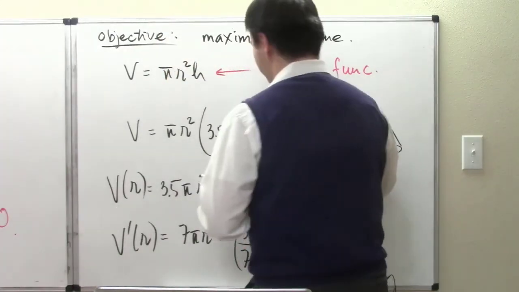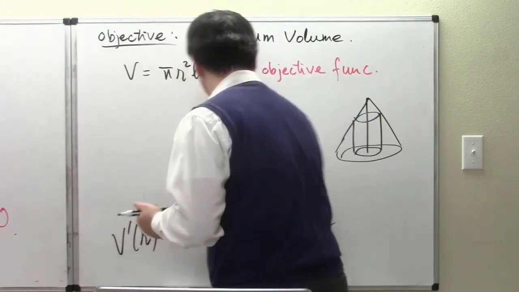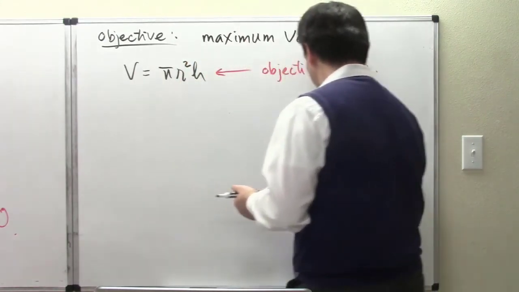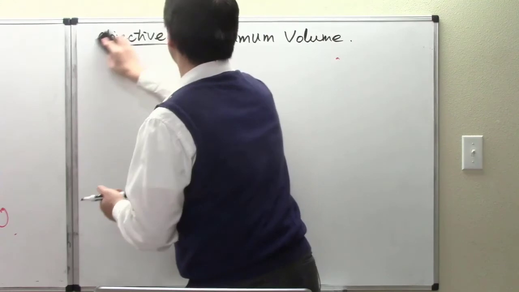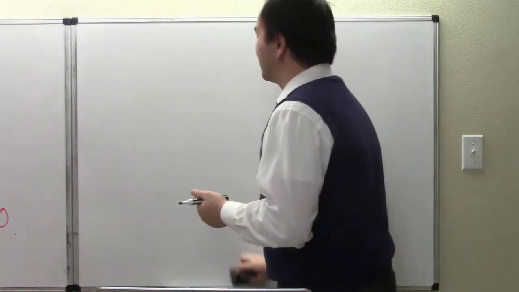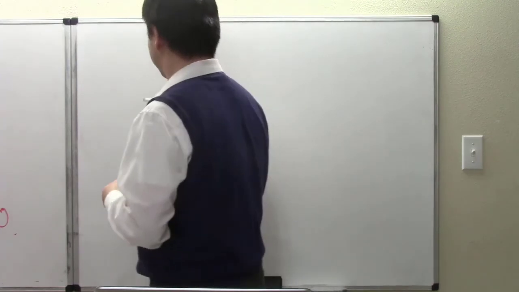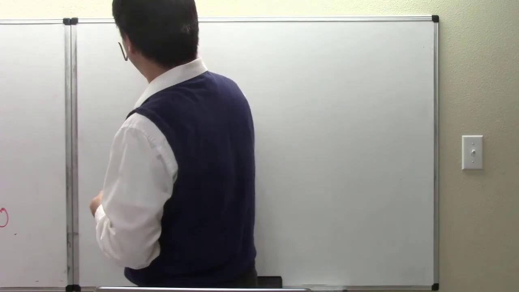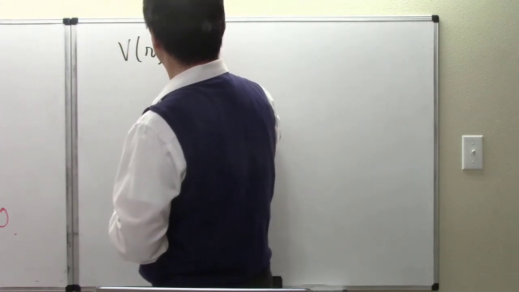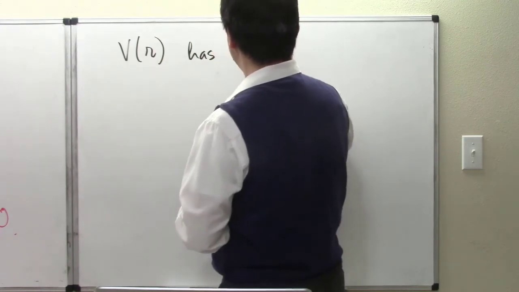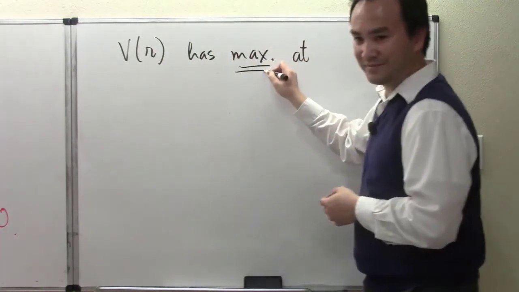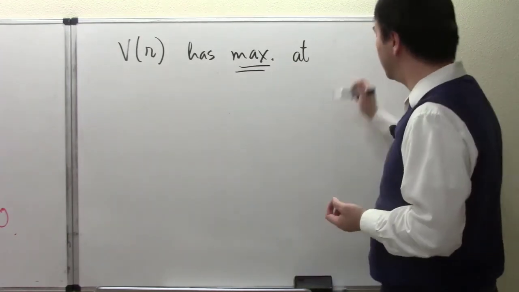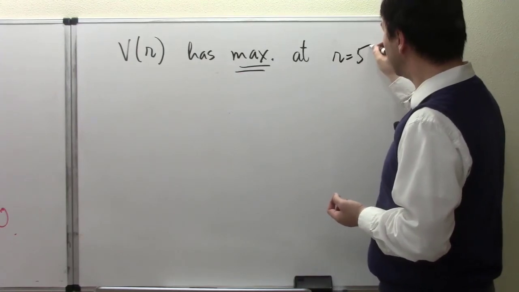Okay, so in our, what it says now is that V of R has a maximum at that critical value, R equals 5.